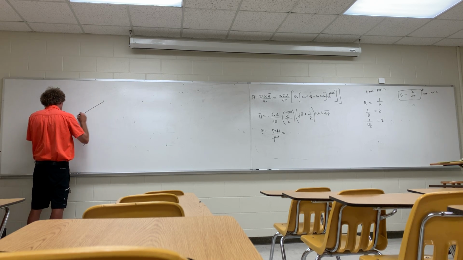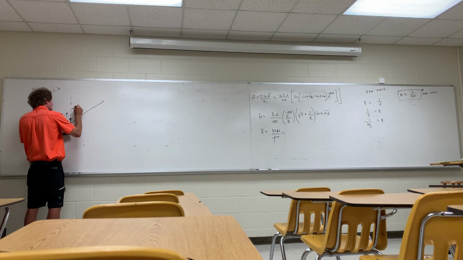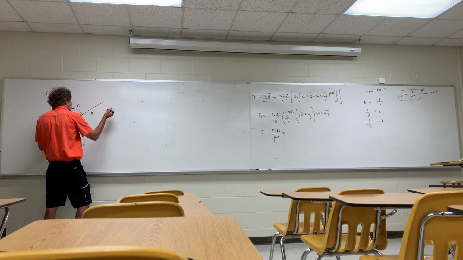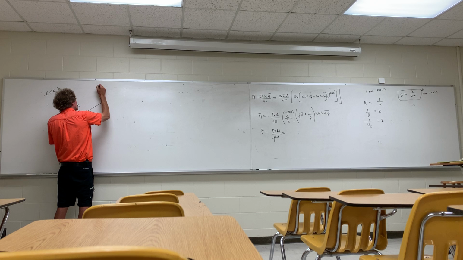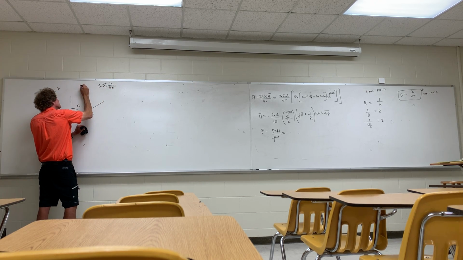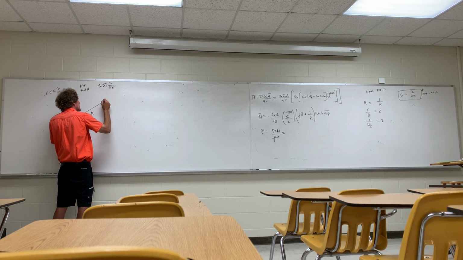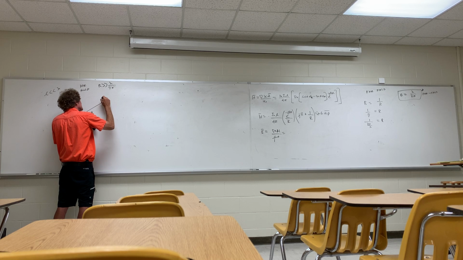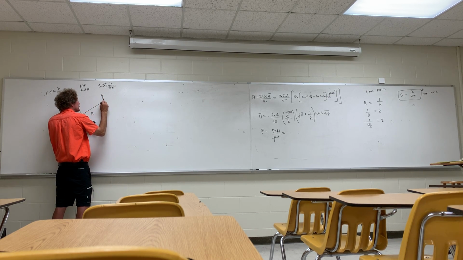And now, I'm at some distance R, and we're going to assume we're in the far field. So R is much, much greater than lambda over 2 pi. We're assuming we're in the far field. So this is far field. Then you're going to have an E field, and you're going to have an H field.